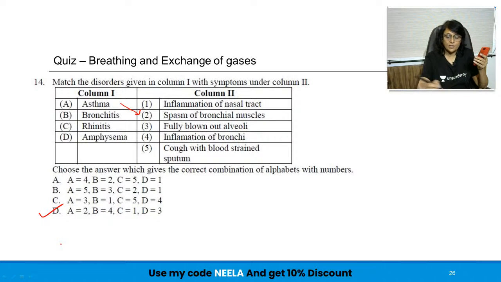Itis is inflammation, so it should be inflammation of bronchi, that is 4. Rhinitis is inflammation of nasal tract, which causes running nose. And you know what emphysema is. Okay, that is all blown out alveoli. This was, I guess, the first few questions that we had the question on emphysema also.